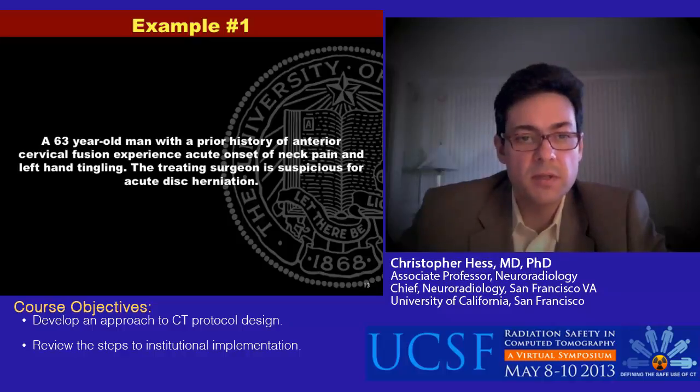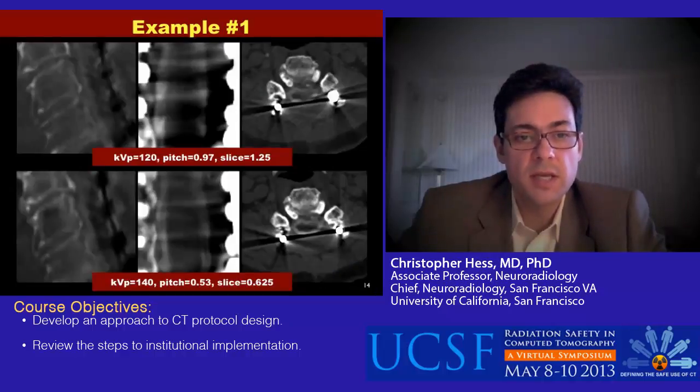On the top images you can see how using a standard tube voltage and a programmed, or default, protocol results in significant beam hardening artifact around the spinal canal. There are larger areas and lower frequency areas of beam hardening artifact that narrow the canal, and in particular the left aspect of the canal.